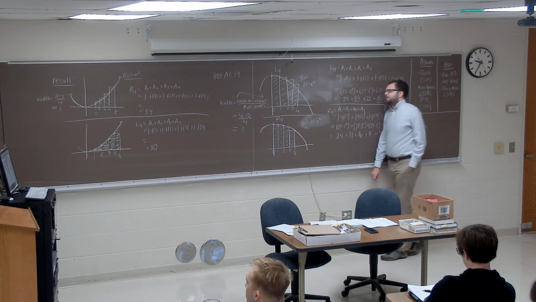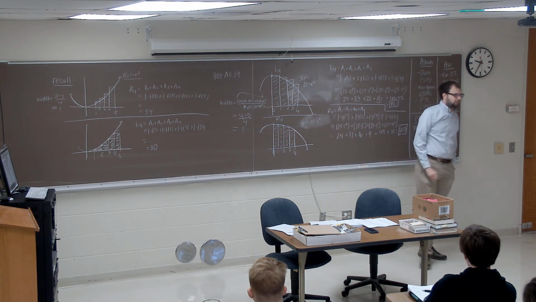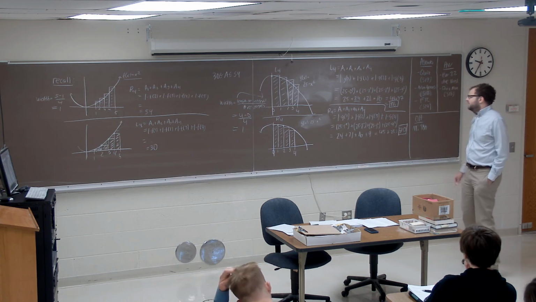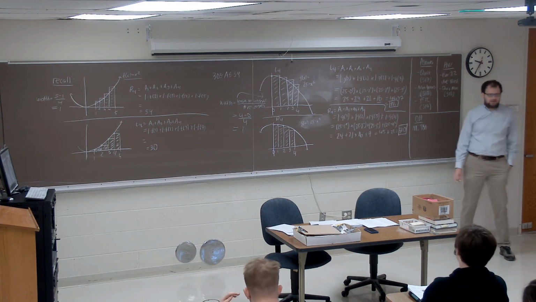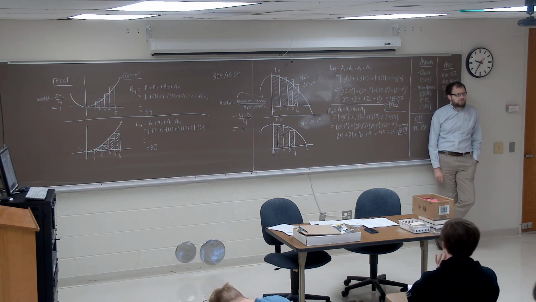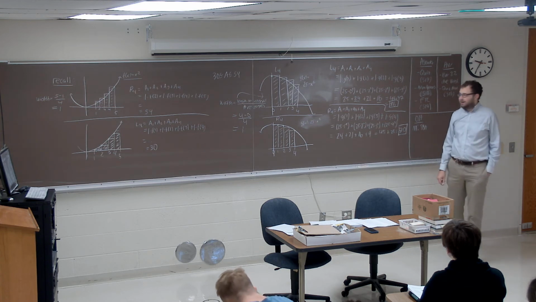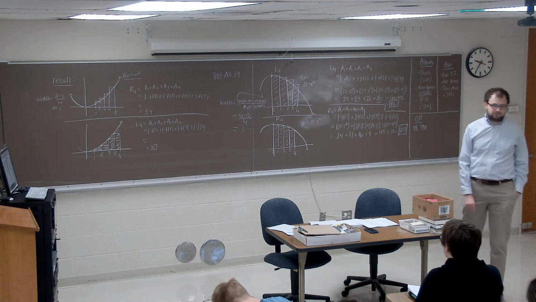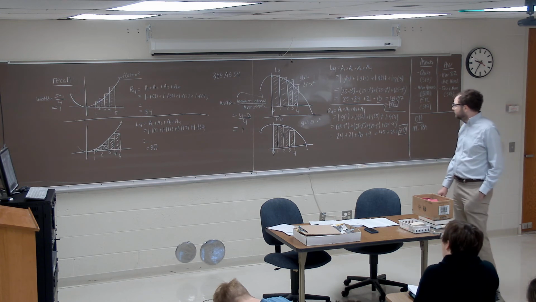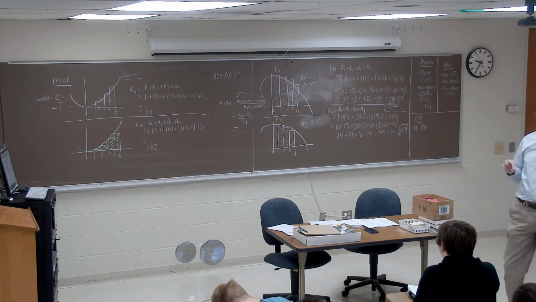So, question is, if we're looking at the graph of L4 here, is L4 going to give us an overestimate or an underestimate? Just looking at the graph of the function. Katie, overestimate? Why do you say overestimate? Because the rectangles go outside the curve. Yeah, they include everything we want and then some.